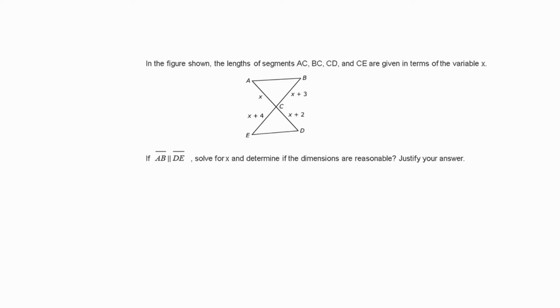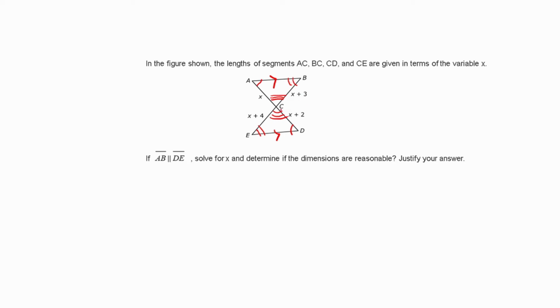Since we know these lines are parallel, those arrows mean they're parallel, we can say that angle A is congruent to angle D, and angle E is congruent to angle B, right? And then finally, these two are congruent, which means we have angle-angle-angle similarity.